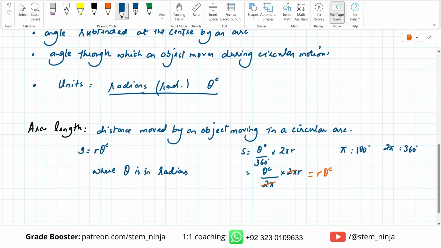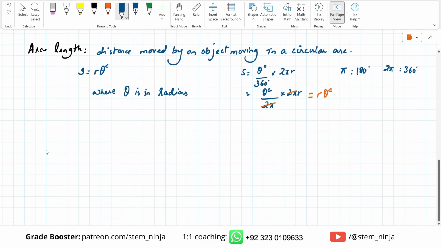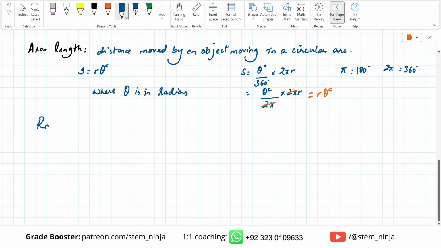Okay, now comes the definition of the radian, and that is a very important and very frequently examined question in the syllabus.